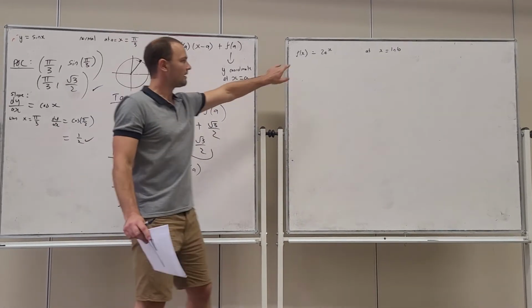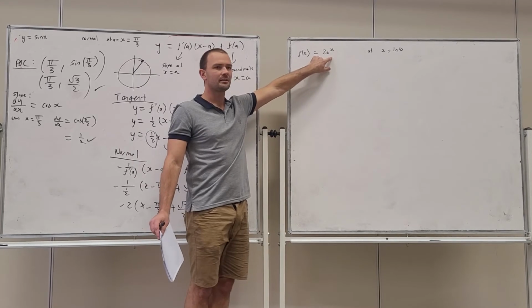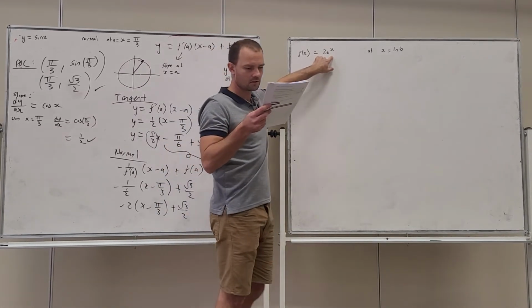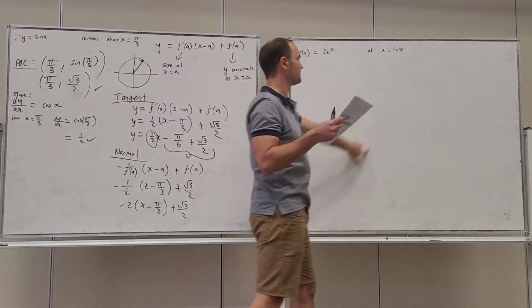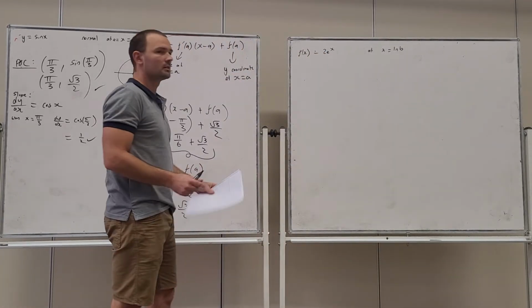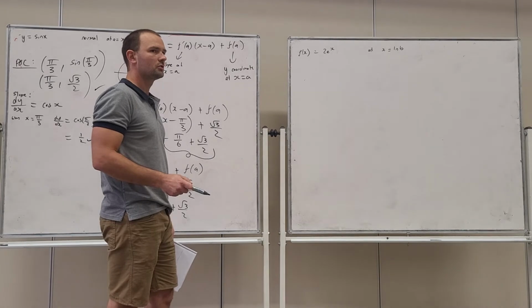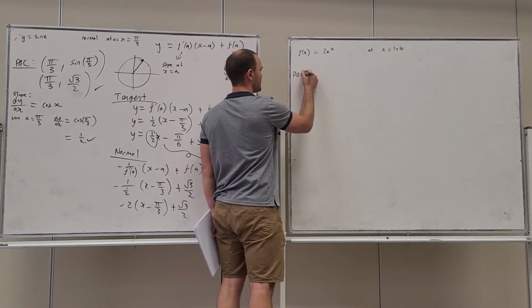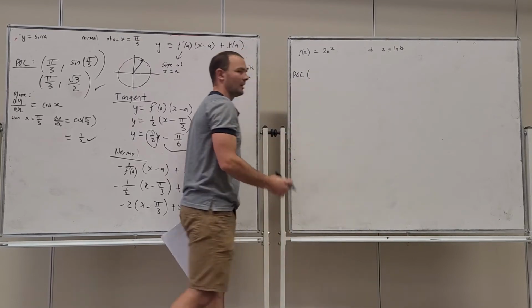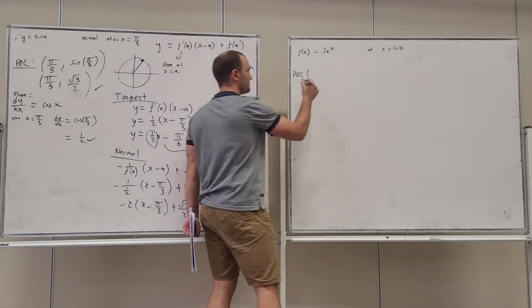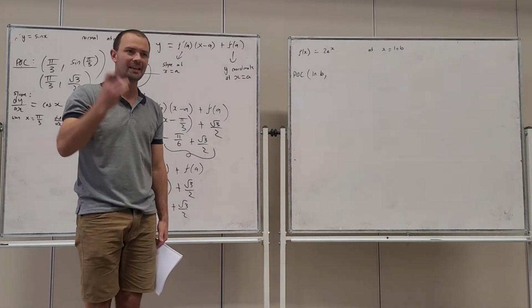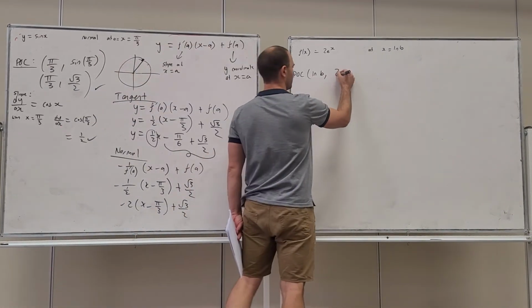So, here's our equation. Find the tangent at x equals ln b. Alright? So we need to find firstly our point of contact. We've got x is ln b, and y is going to be 2e to the power of ln b.